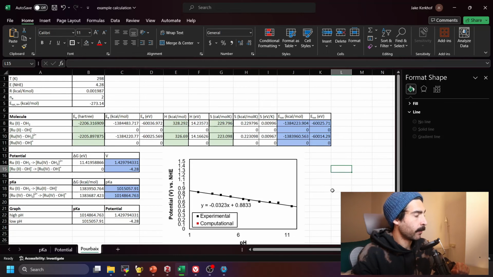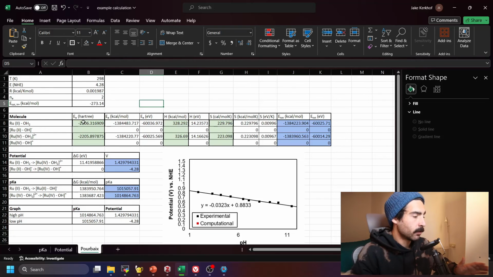So in this template, I have all of the things we noted before: the temperature, the value for the potential value for the normalized hydrogen electrode. We have R, we have the number of electrons transferred, and we have the energy for the solvated proton.